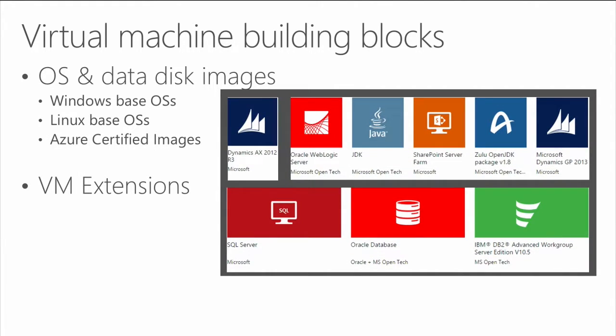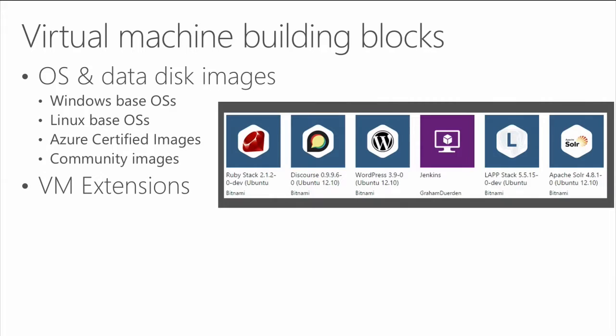Then, as part of the marketplace, we have a set of certified images that are available. These are both from first parties, as we're showing here, for example, Dynamics, as well as third parties like Oracle WebLogic or the Java JDK that are available for you to quickly use in Azure. Finally, there's a set of community images that are provided across a wide range of options that, again, you can use within the virtual machine. So that's your base operating system.